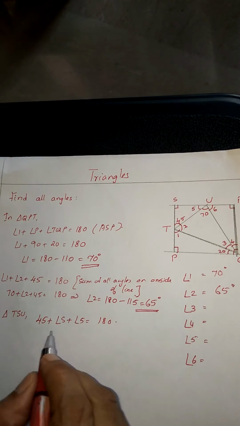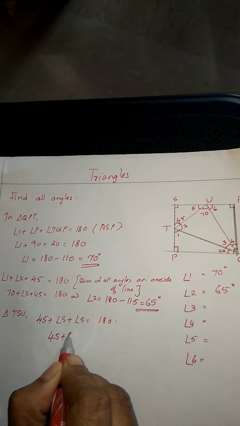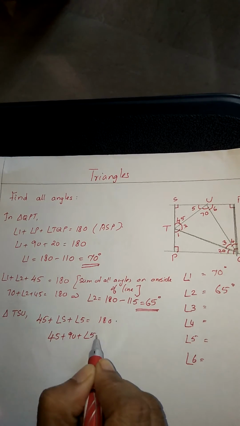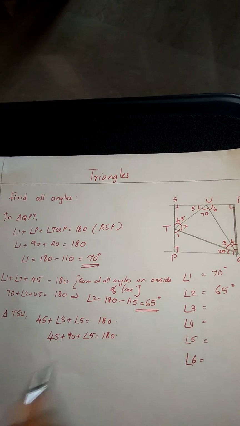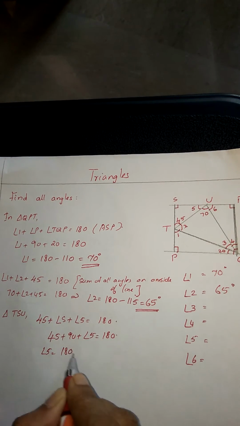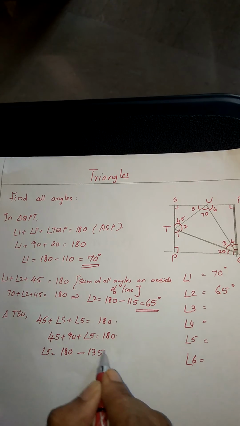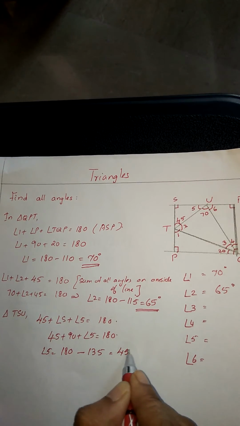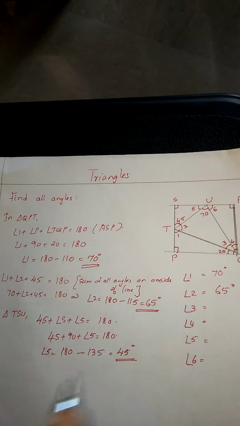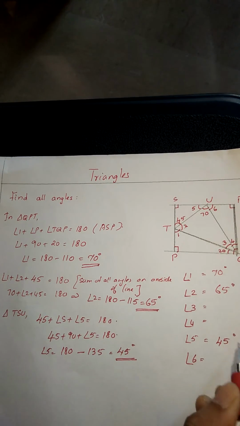Angle S is 90. So 45 plus 90 plus angle 5 is equal to 180. So angle 5 is equal to 180 minus 135 is equal to 45 degrees.